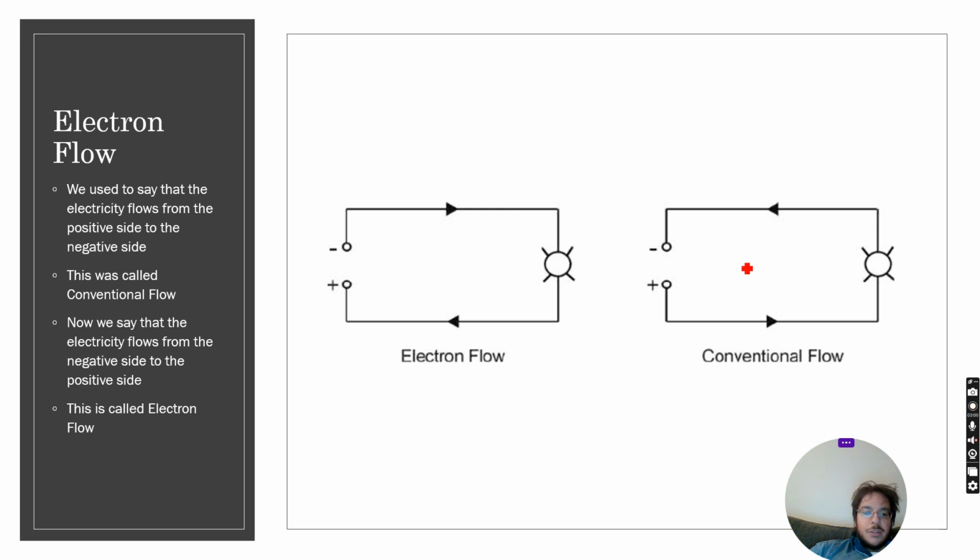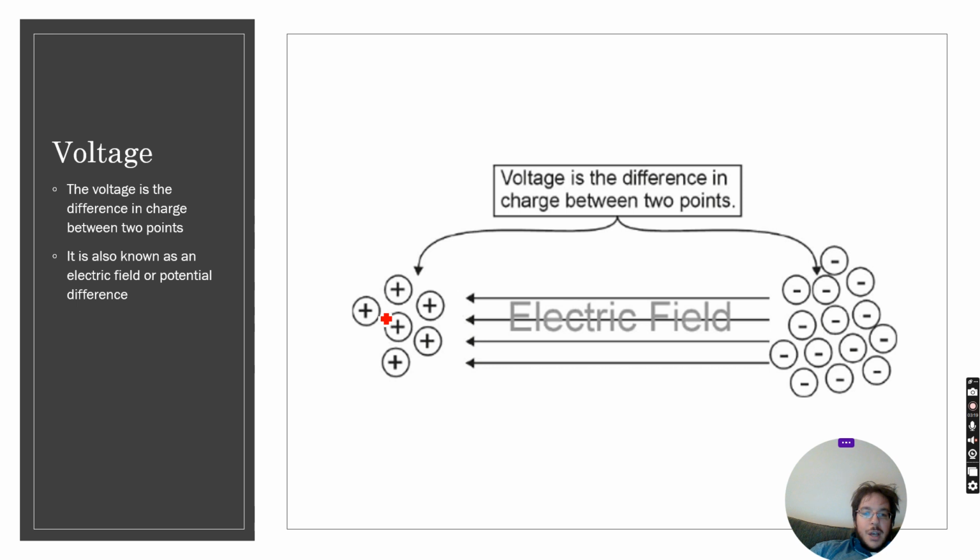We call that electron flow. Oh, sorry, it goes from the negative side to the positive side. So yeah, this is wrong now. This is what people used to think. The electrons are what's moving, so they move from the negative to the positive.